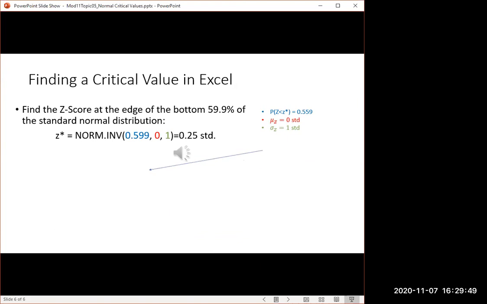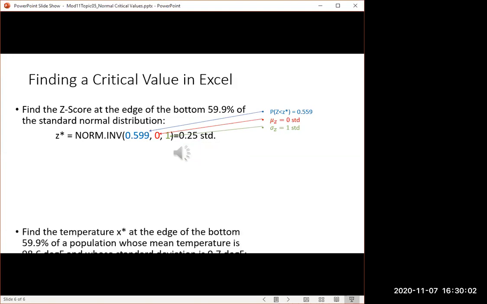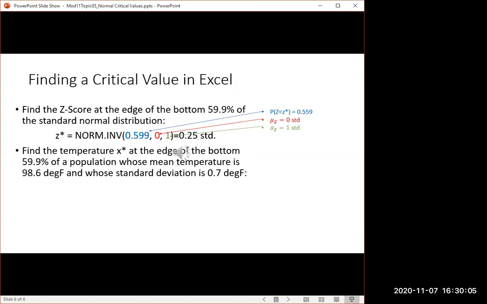But you could also do the problem, instead of for the standard normal distribution, with a mean of 98.6 degrees and a standard deviation of 0.7 degrees. So this norm.inv function, the inverse normal function, is okay with whatever units you want to use, as long as if you give it a mean and a standard deviation that are both degrees Fahrenheit, then the answer that comes out should be interpreted as degrees Fahrenheit.